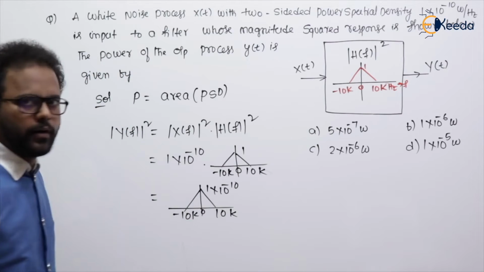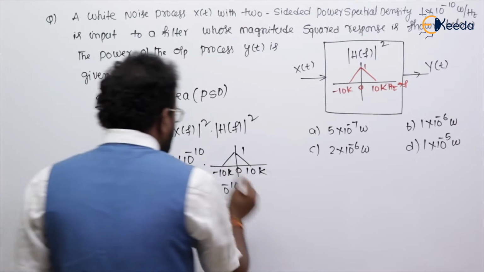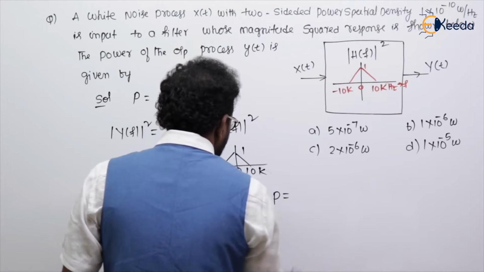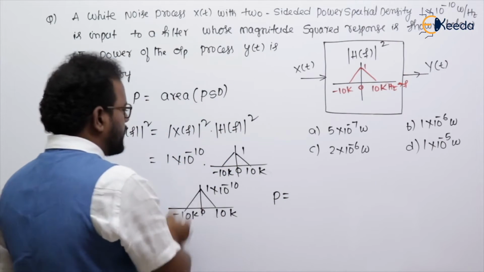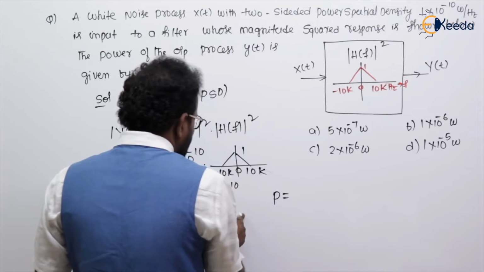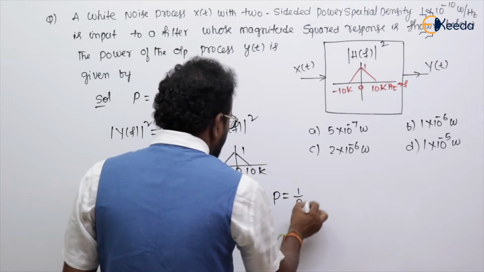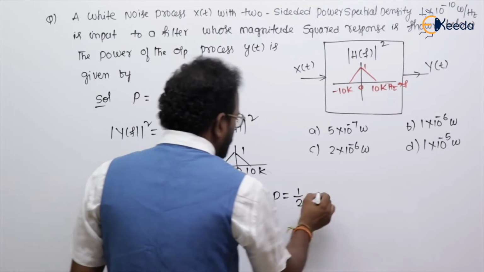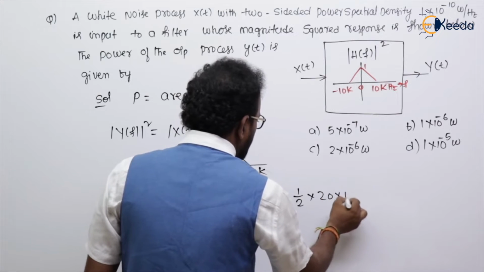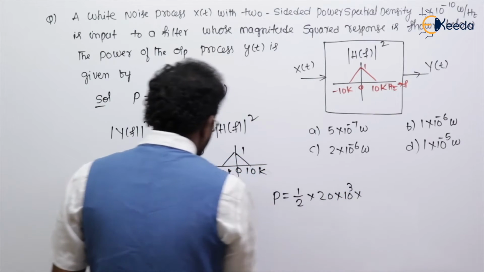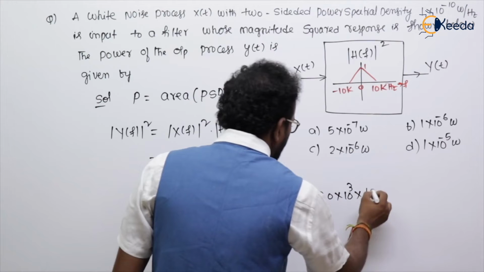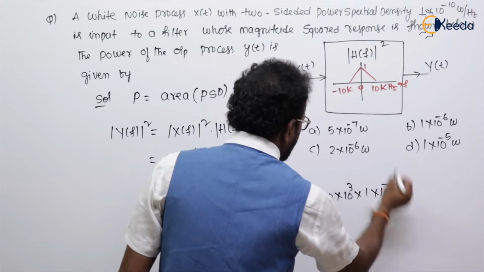Got my point? So what is the power, students? Power is nothing but the area under the power spectral density. Area means it's a triangle, so half into width into height. Width is 20 kilo, which means 20 into 10 cube. Height is 1 into 10 power minus 10.